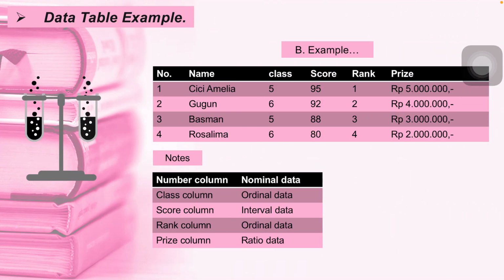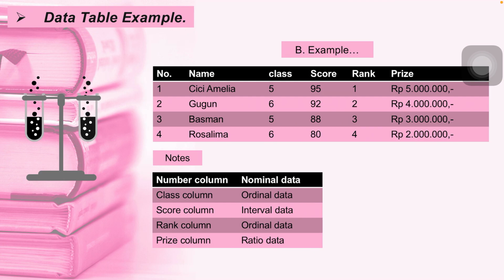To make it all clear, I'll give an exact example. First, in this table, we can see there are number, name, class, score, and rank price. For the notes, because the class column is a category, a classification, it is called nominal data.